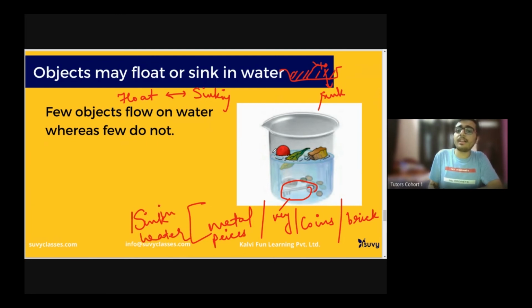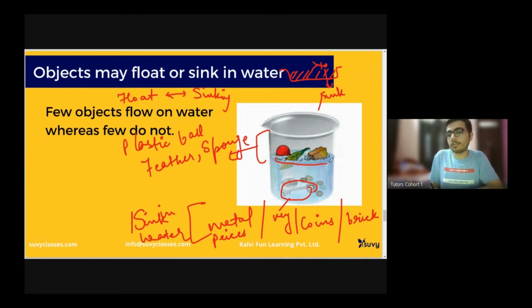Whereas if I take lighter substances such as a very light plastic ball, a bird feather, or a sponge, they will not sink in water. They will float over it. They won't go down in water.